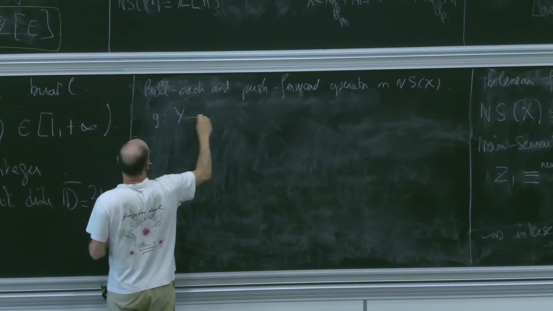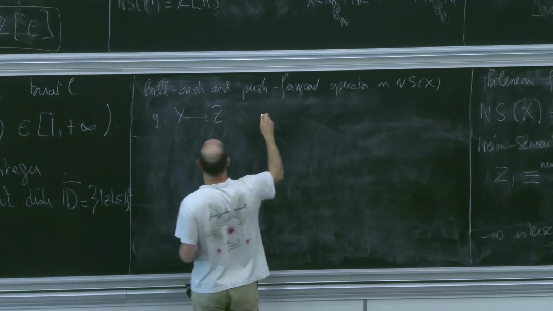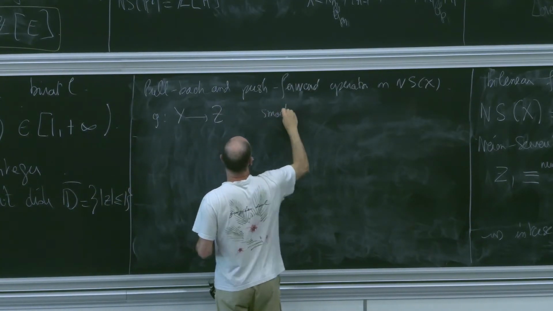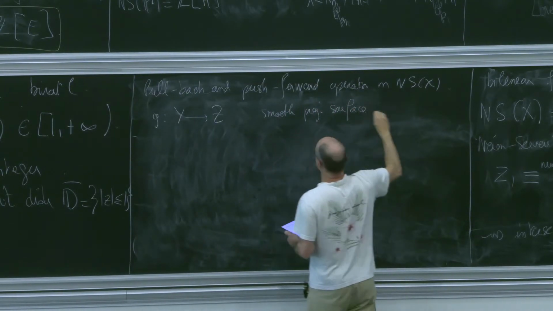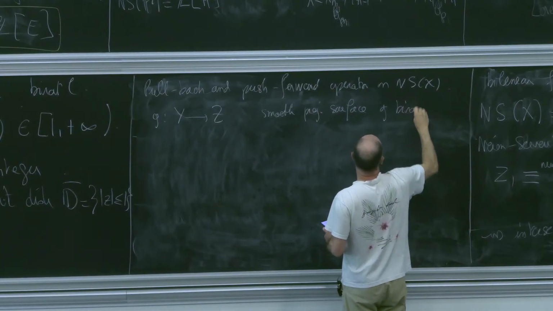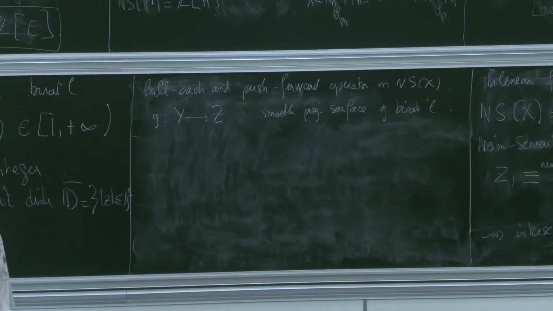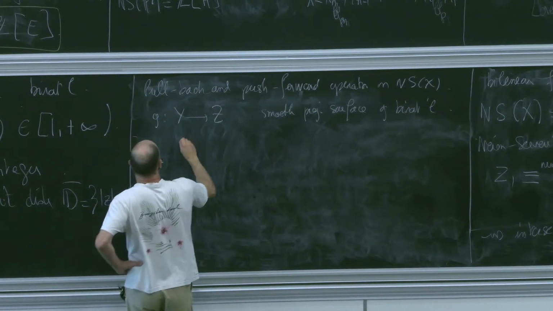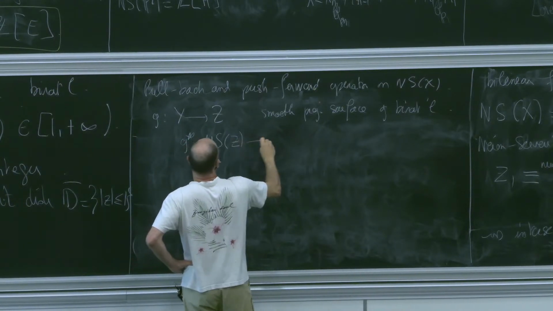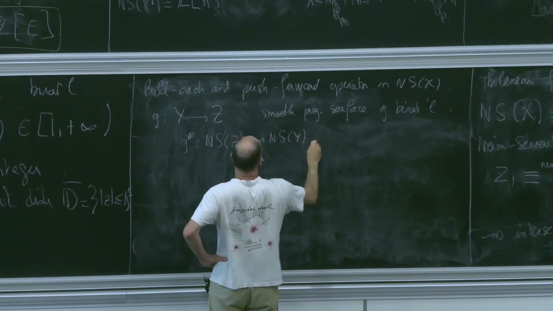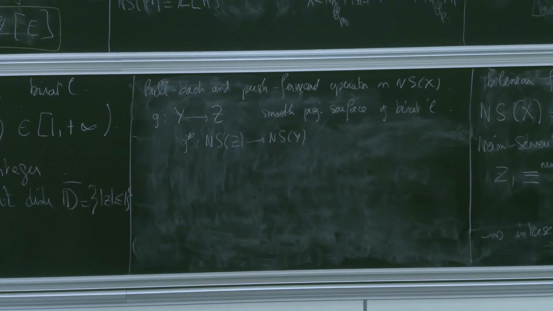Let me suppose that X, and let's say Y and Z, are smooth projective surfaces, and g is birational. I explained that there is a pullback operator from the Néron-Severi space of Z to the Néron-Severi space of Y. And now what I would like to explain is that there is also a push-forward operator.